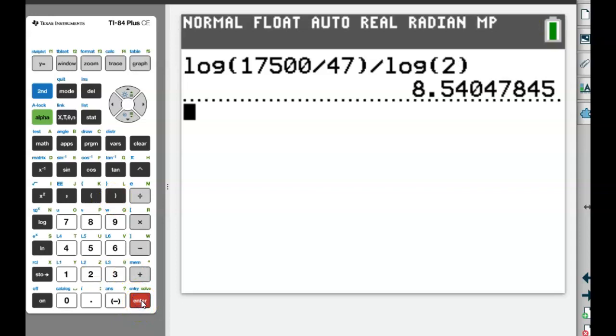I got 8.54. Did someone else get that? If I round to only 8.5, I don't think it's going to work. We can try it, but I think we're going to have to round to 8.6.